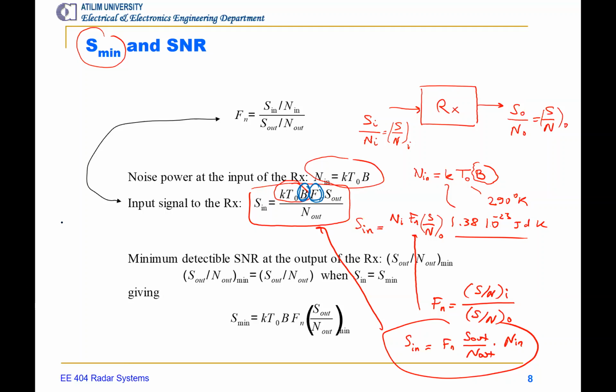Again, let me write that. The input power is going to be k T0 B, which is the input noise power, times the noise figure of the receiver, and then output SNR.